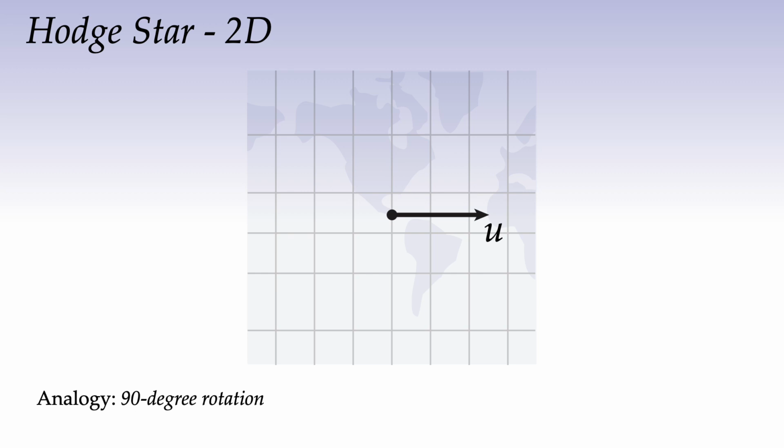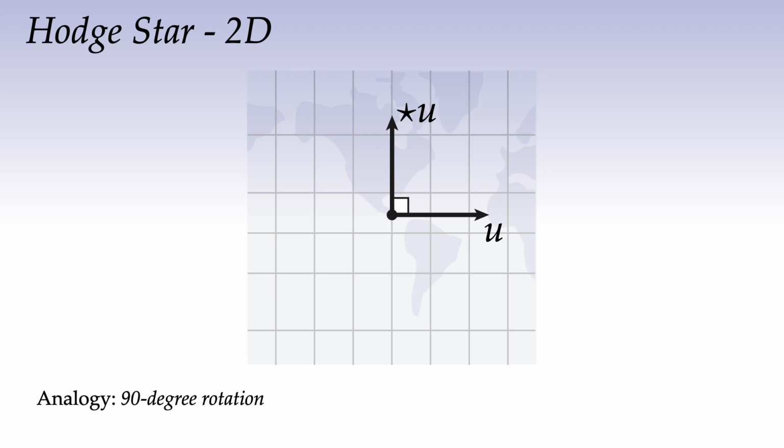But which direction? Do we go counterclockwise or do we go clockwise? Well, the answer is we have to pick a convention. And our convention is going to be that the star of u is a 90 degrees counterclockwise rotation. Okay? So in 2D, this is a really concrete meaning.